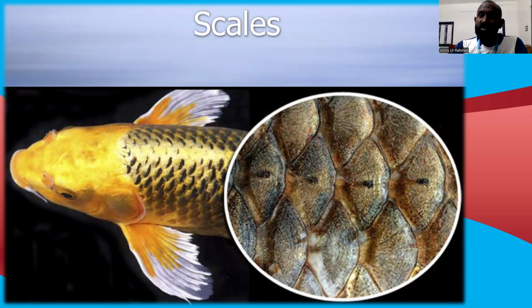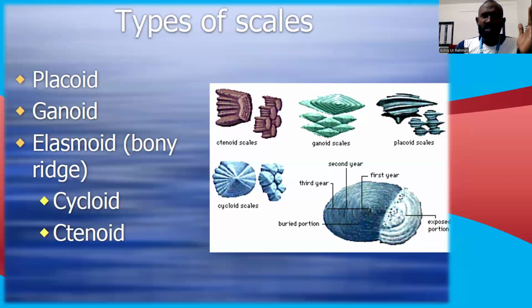We can even identify the age of the fish by examining the scales. Basically three types of scales are found in all the fishes.